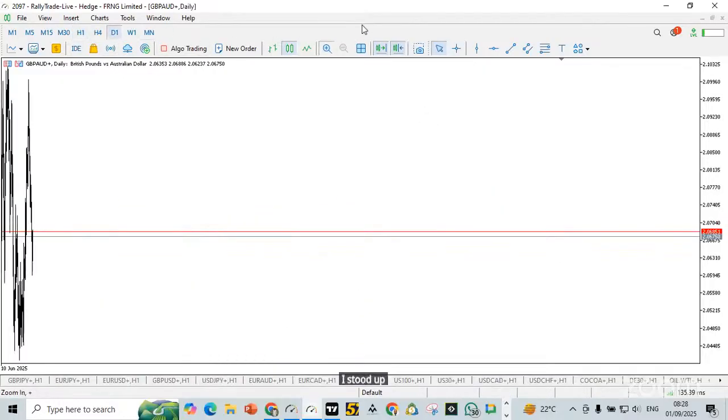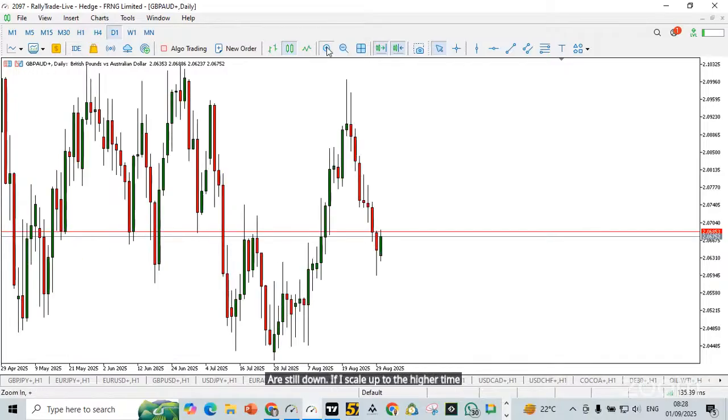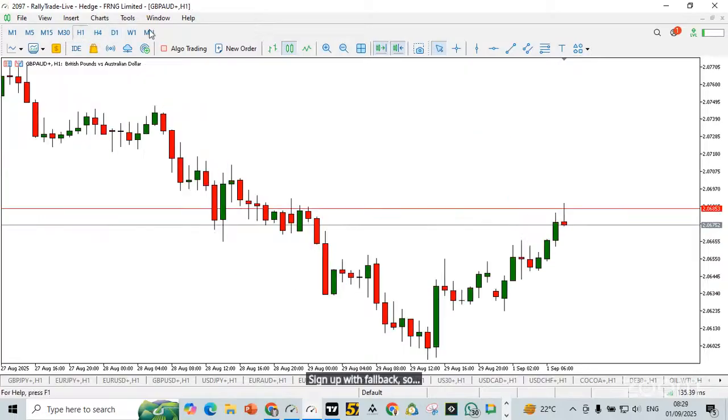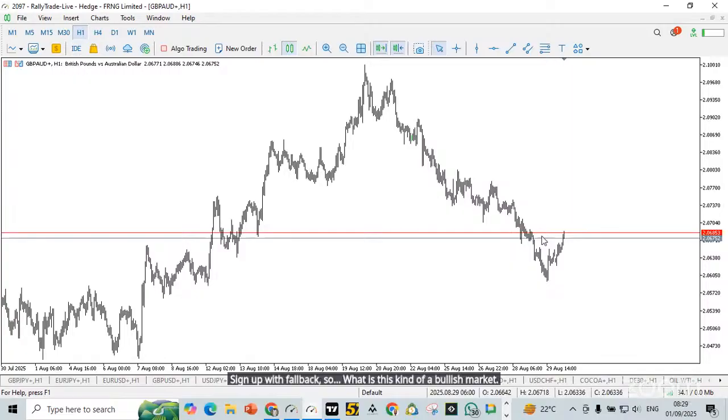If I scale up to the higher time frame, this would be the uptrend. This is the last lower high. See, the price has broken it, the sign of a pullback. So for today, we're already seeing strength of the bullish market. The downtrend here had the last higher low and lower high, where the price was above.